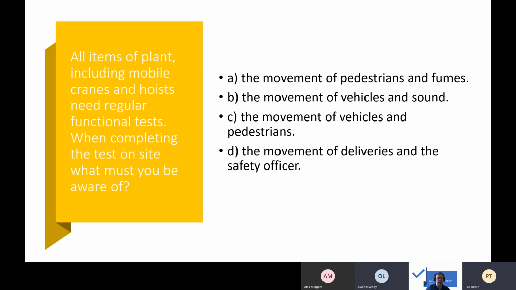No. The movement of vehicles and pedestrians. If you think of a crane, you're going to have a lot of space out there, aren't you? And basically, people test them. You don't want the public wandering in or customers parking the car in the car park and wandering over. So if you were conducting that test, you would have to have a roped off or coned area in place.